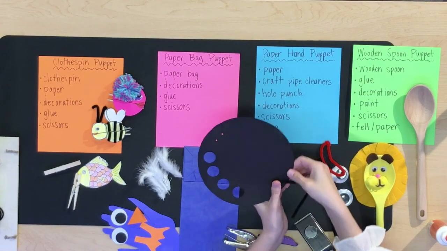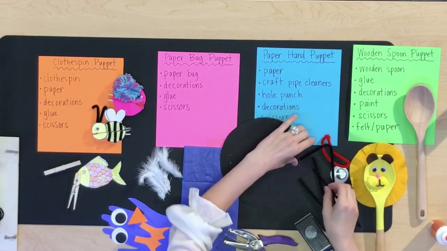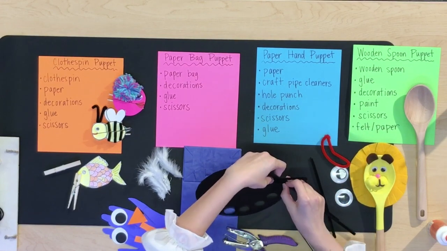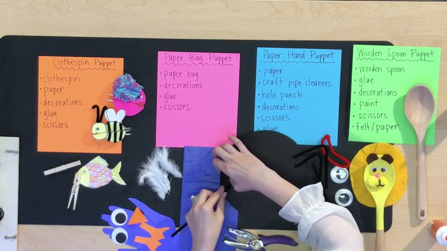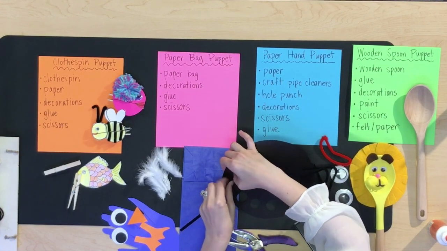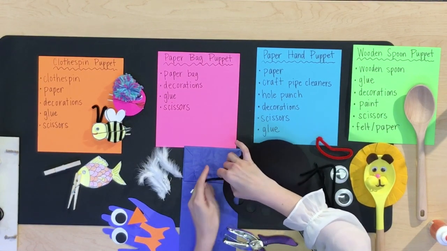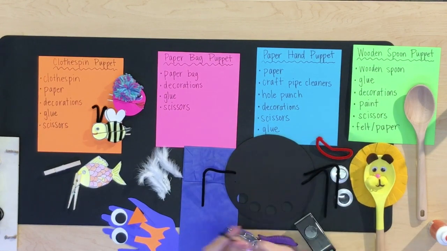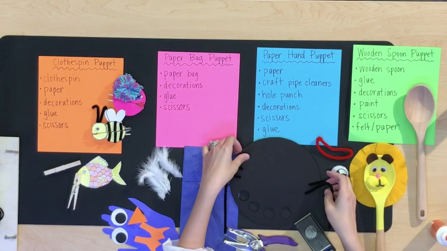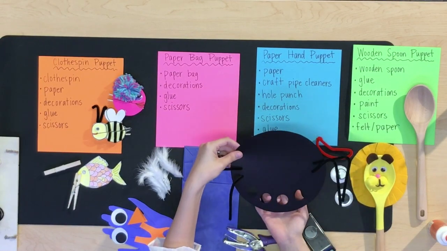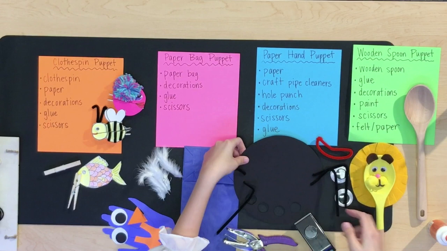I'm making a spider. You could maybe scare someone with this. Okay, now on this side, these are spider legs. And this one's a really cool puppet because you're going to put your fingers right through here, and that's how you're going to control the puppet.